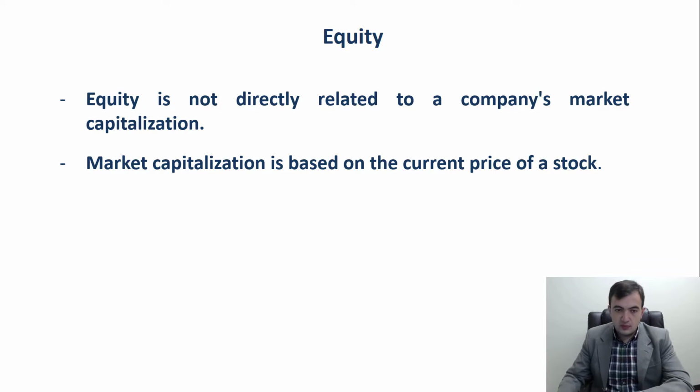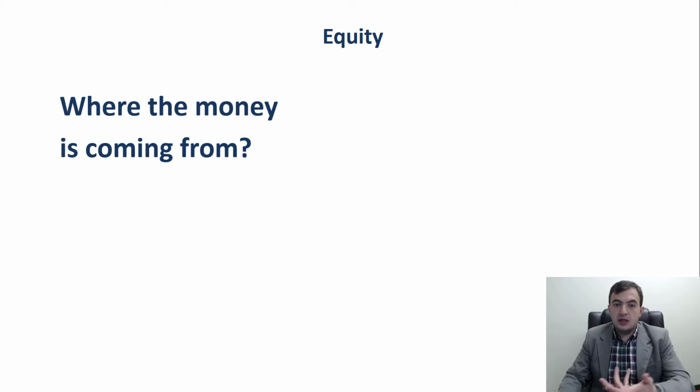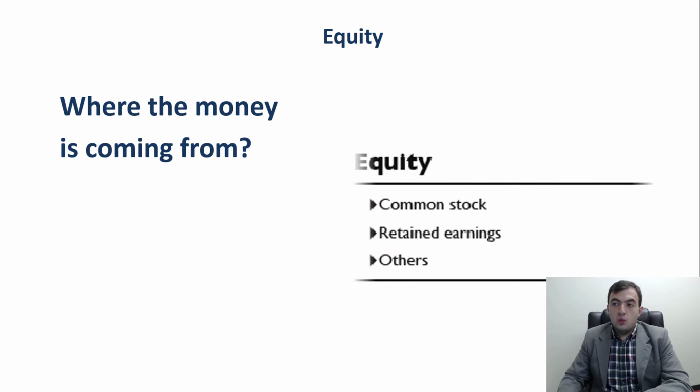So finally, what I would like to conclude: if the asset side of the balance statement shows where money is going to, the liabilities and equity side of the balance statement shows where money is coming from, where the company gets the funds in order to continue its activities.